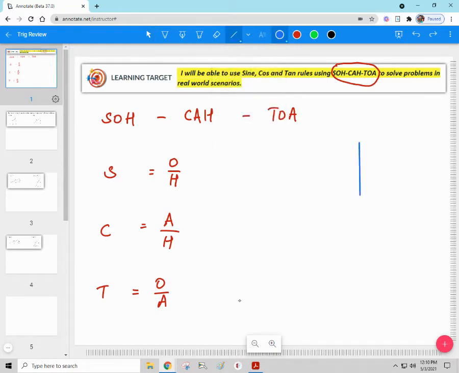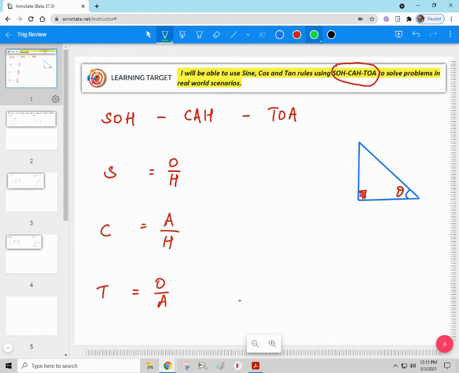Well, if you are taking a right angle triangle, let's say that there is an unknown angle. Let me assume that I don't know the value of this angle. Usually we consider this one as theta, and this is 90 degrees.